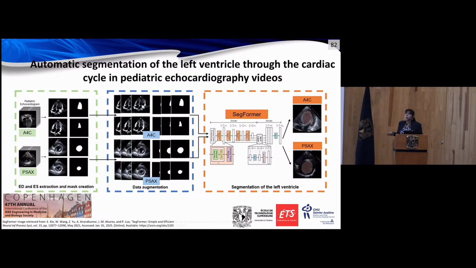It's a transformer for segmentation, of course, and it's very widely used all over the world. So we gave it a try, and it gave us very good results, trying to segment this heart in the ultrasound, in different views, the 4-chamber and this other view.